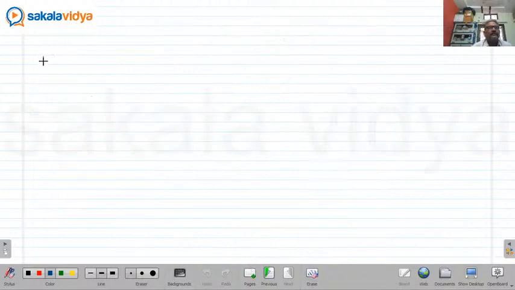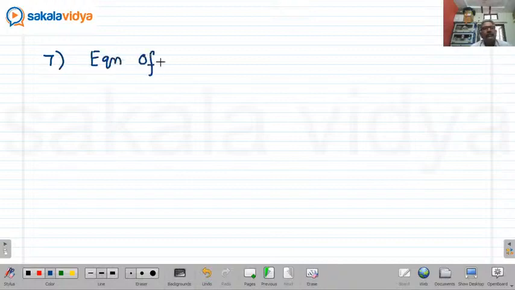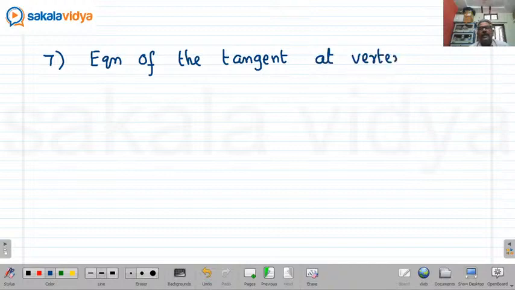Seventh point is the equation of the tangent at the vertex, which is x equals 0, the equation of the y-axis.